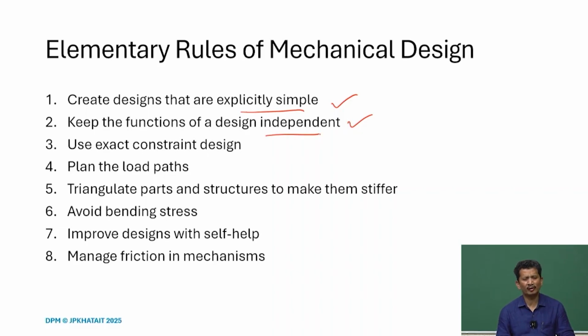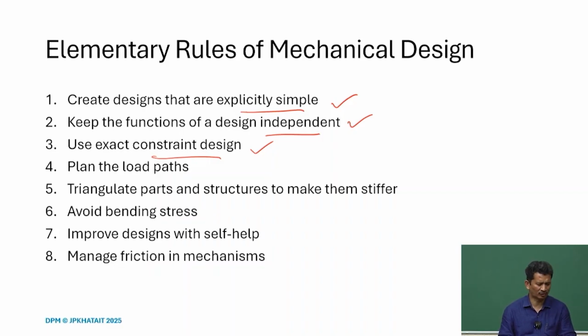So we want to separate the functions. One element, one component, should be used to carry out one function only. We'll see through one example why this is important. Next is what we will be emphasizing all the time throughout the course: use exact constraint design.